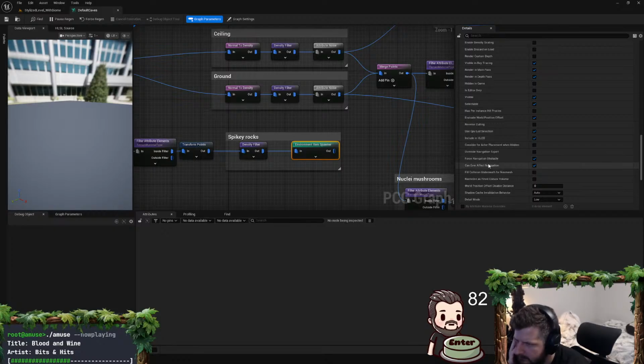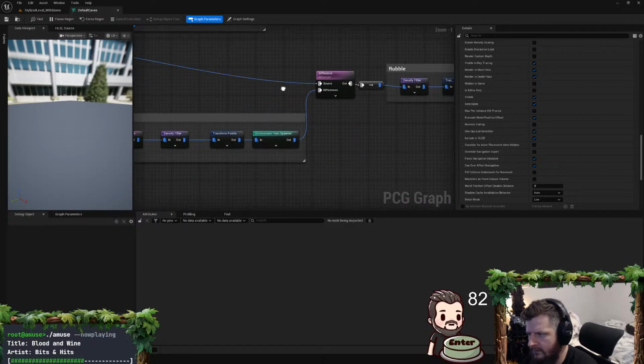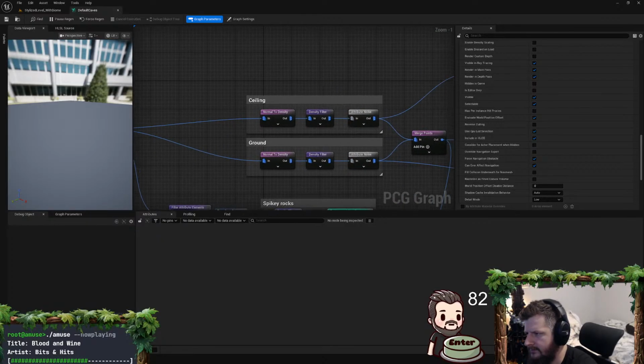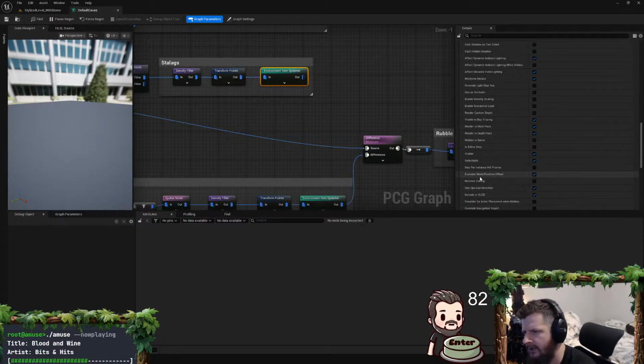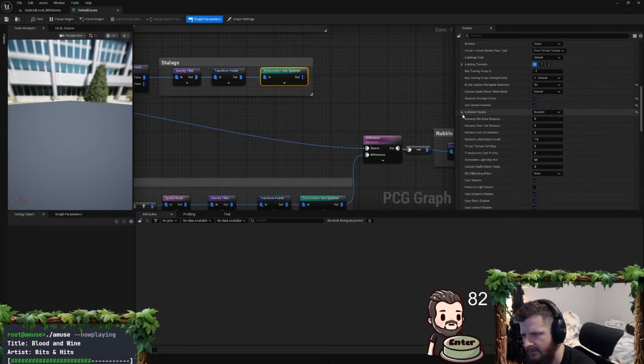Force navigation obstacle, can't ever affect navigation. The same is said here too. And fill collision underneath for nav mesh is not set. Wonderful. So the nav mesh is just not generating properly for those ones. I love that for me. I wonder if those got serialized in and didn't get their settings set properly. We'll have to look at that next.